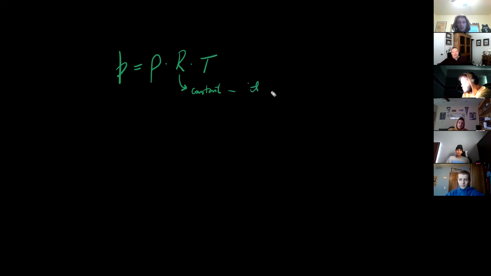The way I want you to think about it, it just makes things work. You determine what that is based on experiment. Anybody know what this equation is called? Aaron, do you know? The ideal gas law.